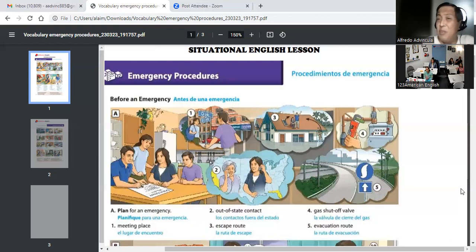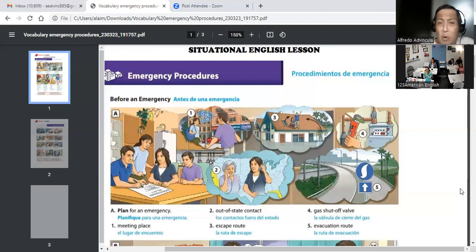Exactly. You don't want to get caught stuck in a big traffic jam. So you're going to look for what we call a secondary route, a route that most people won't use. They won't think about it first. Which route is less busy, you know, safe. Exactly.